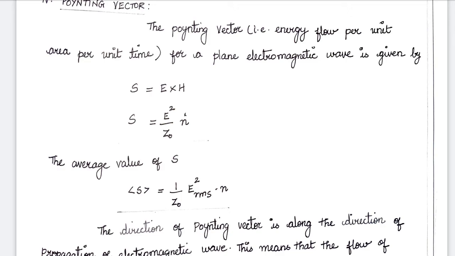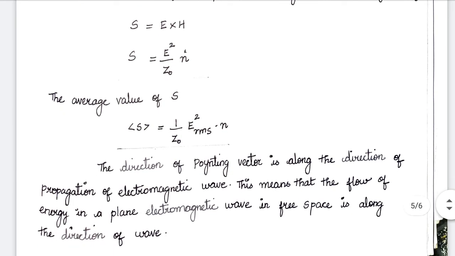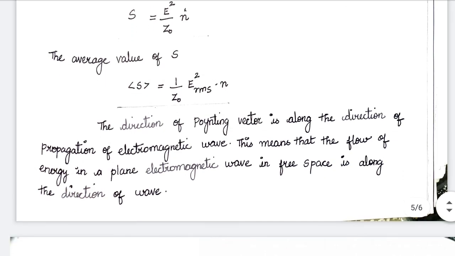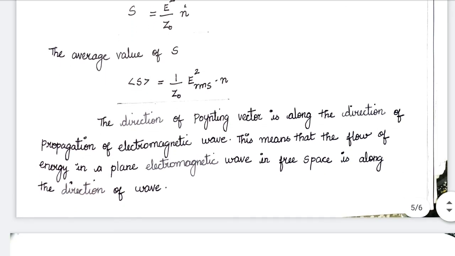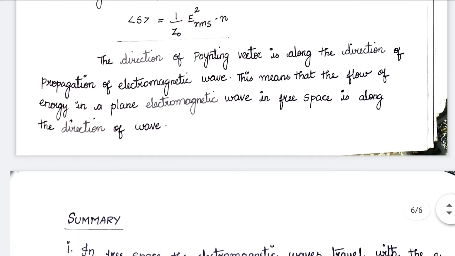So the average value of S is given by 1 by Z naught E square RMS into the n unit vector. The direction of the Poynting vector also points in the direction of propagation of the electromagnetic wave. So this implies that the flow of energy in a plane electromagnetic wave in free space is along the direction of the wave. The energy also flows in the direction of the wave.